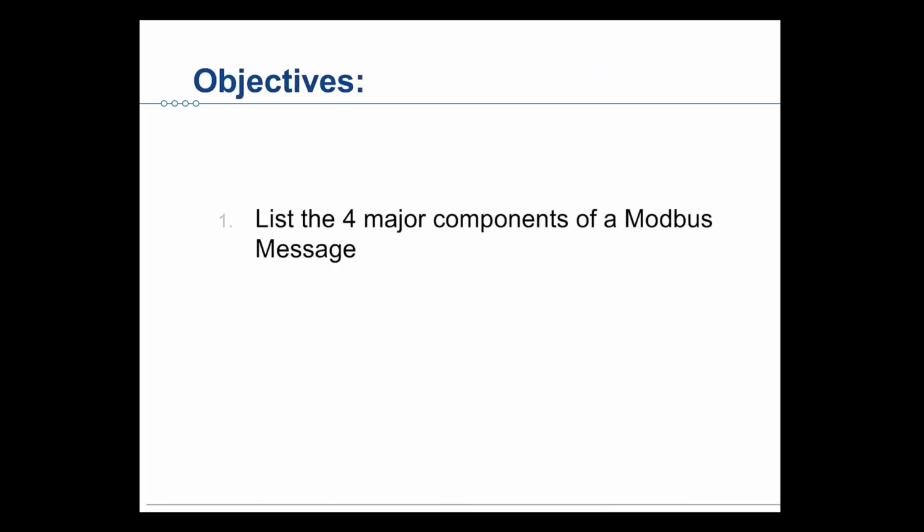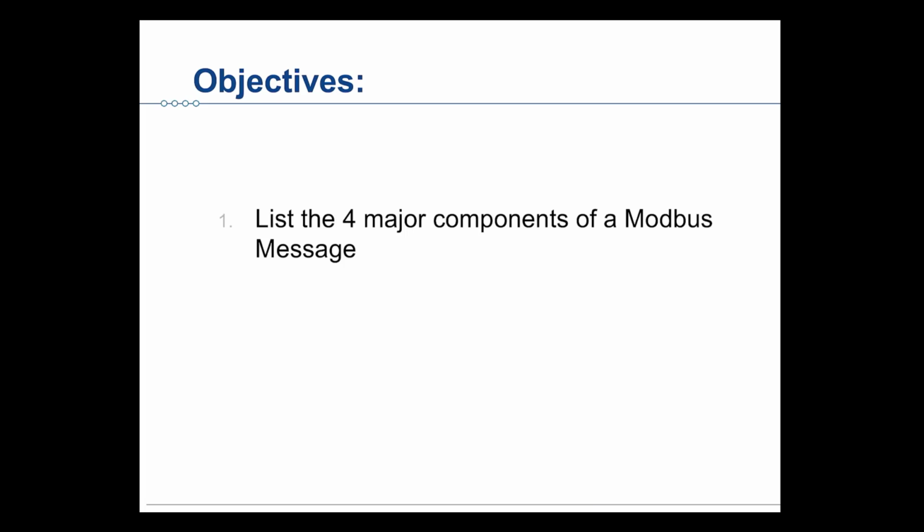So we're going to start to look at the Modbus protocol now. We're going to list the 4 major components of a Modbus message. And if we look at our Modbus handout, we'll be able to identify these 4 major components by looking at the very top of the first page of our Modbus handout. And our Modbus handout is our primary resource whenever we're going through any Modbus exercises, videos, presentations, quizzes and exams or labs.